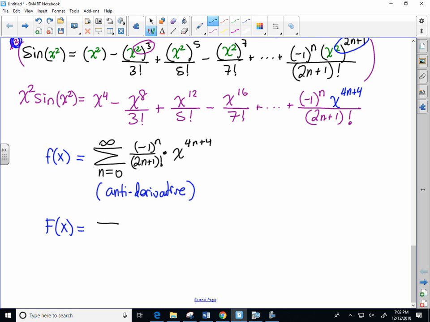All that good stuff is still going to be there. I'm going to have negative 1 to the nth, my 2n plus 1 factorial, and I'm going to increase my exponent by 1, so 4n plus 5, and then divide by that new exponent.